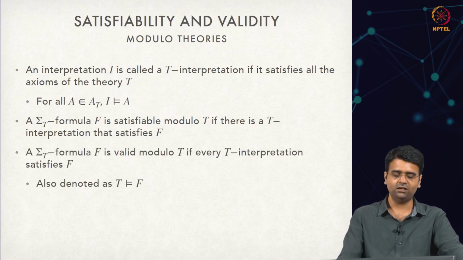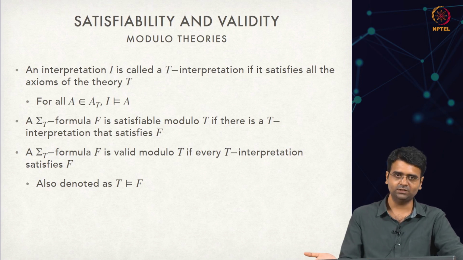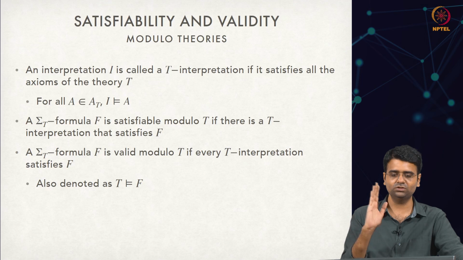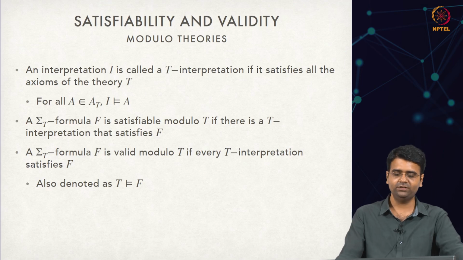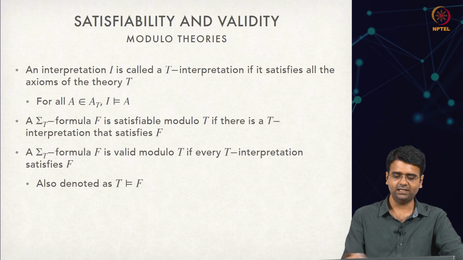Analogously, we say that formula F is valid modulo T if every T interpretation satisfies F. So you take all the T interpretations, every interpretation which satisfies all the axioms of the theory, every such T interpretation should also be a model of the formula F. It should satisfy F. So in which case we say that the formula F is valid modulo T. So here we introduce a slightly new notation.